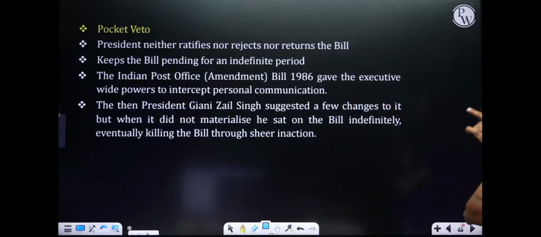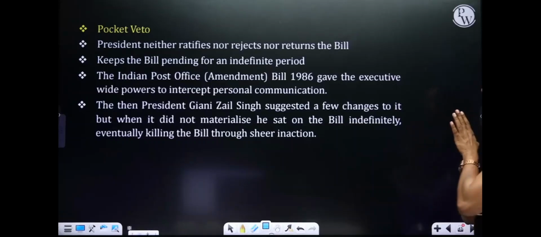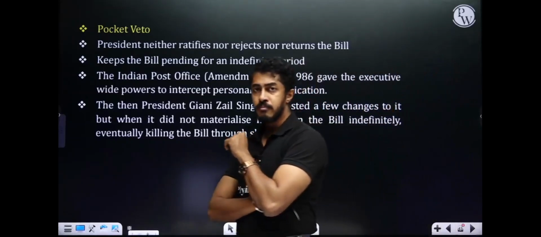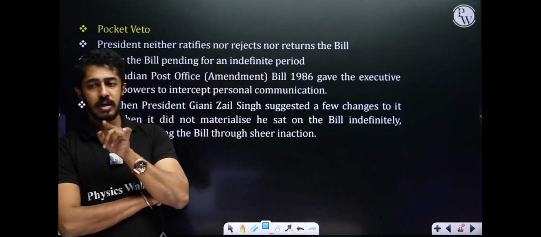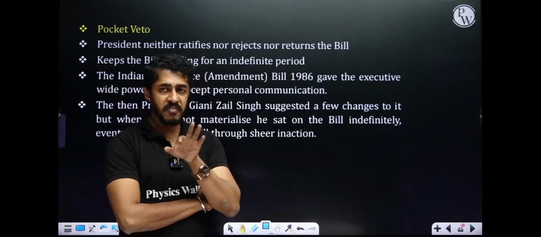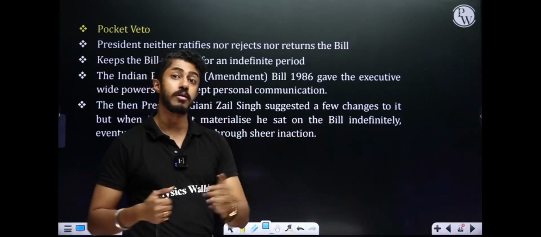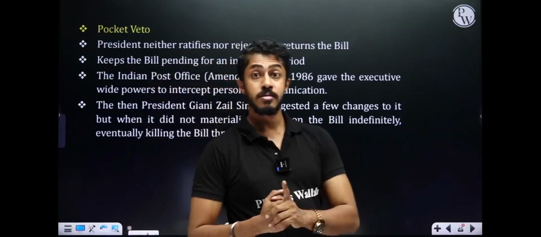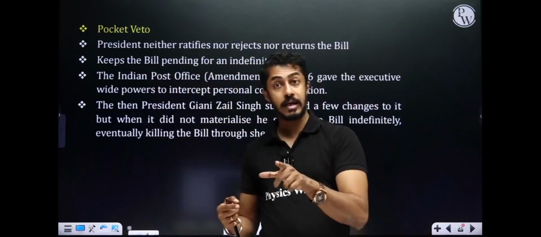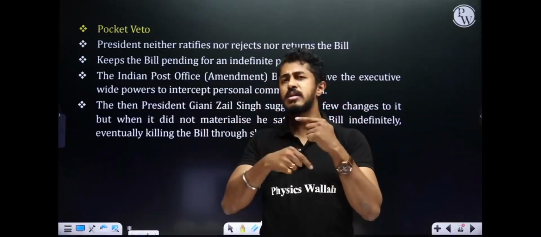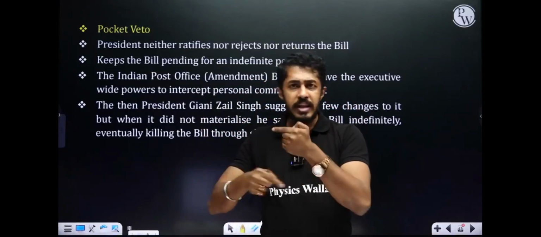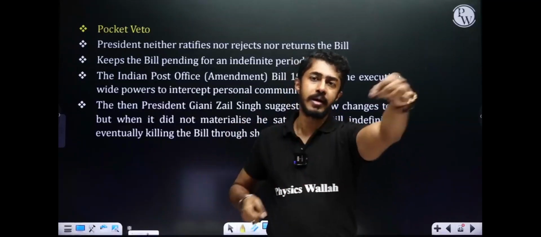Indian Post Office Amendment Bill 1986 gave the executive wide powers to intercept personal communication. Simply means if I am sending a letter to Avarna, and the Indian government feels there is something going on there, they can open that communication and read what it is. Any parcel, any letter, if the government feels there is some illegal activity involved, they will open it and see what it is.